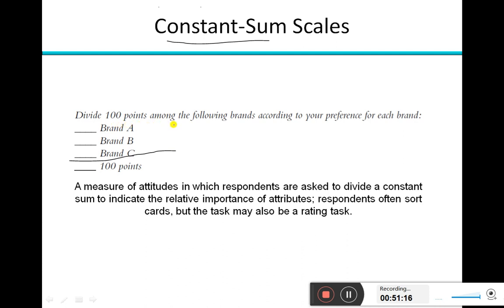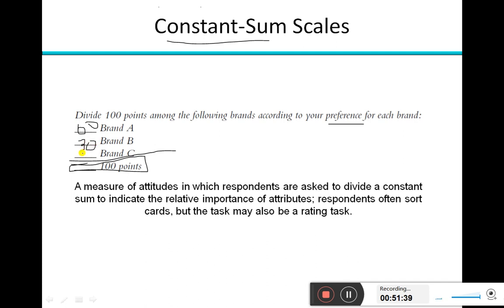What is the example? Divide 100 points among the following brands according to your preferences for each brand. Now brand A, brand B and brand C. Total marks are 100. Suppose for brand A you give 60 marks. Brand B, let's suppose you give 30 marks.